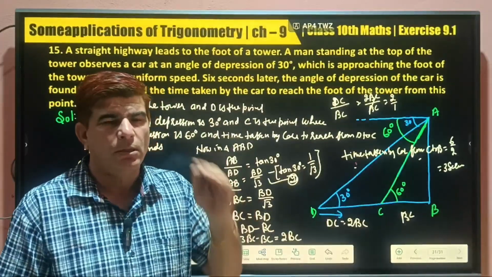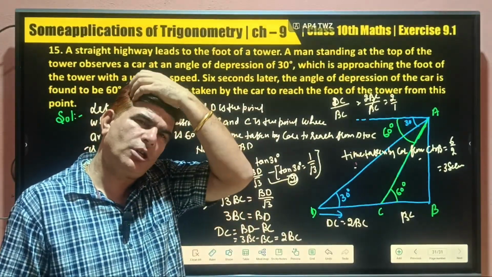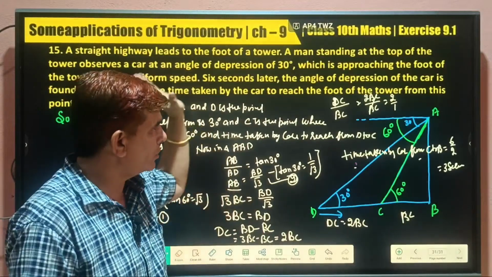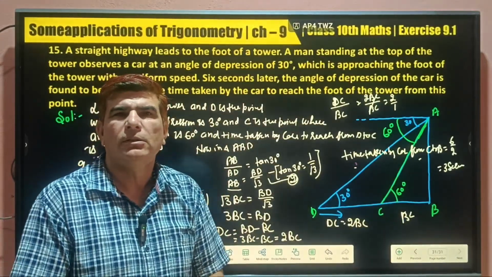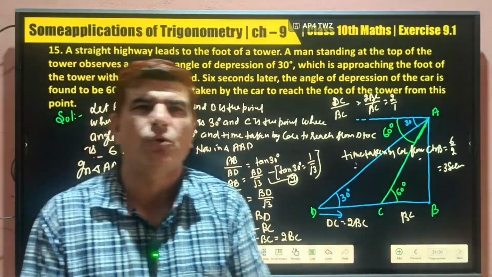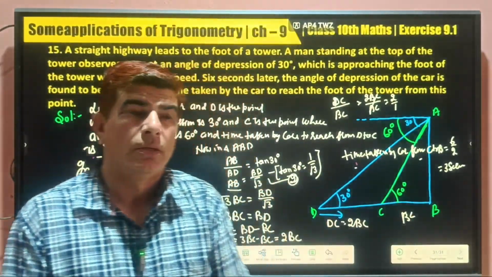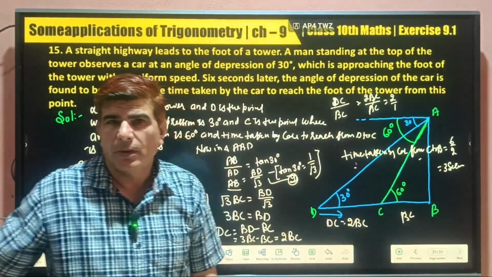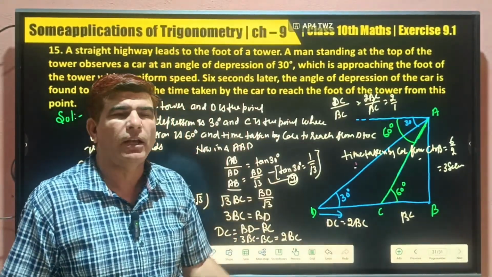According to me, in this question we have to use some thinking. Otherwise, everyone is using tangent 30, tangent 60, and sometimes tangent 45 degrees also. So according to me, in this chapter you can take full marks.